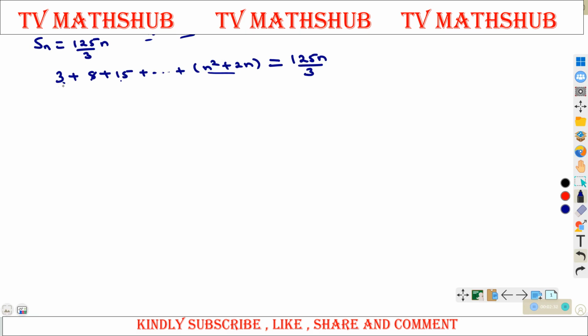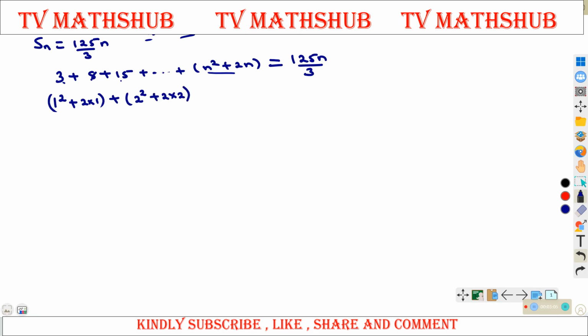This 3 can be written as 1 squared plus 2 times 1. Then what about this 8? This 8 can also be written as 2 squared plus 2 times 2. I want it to be of this nature.